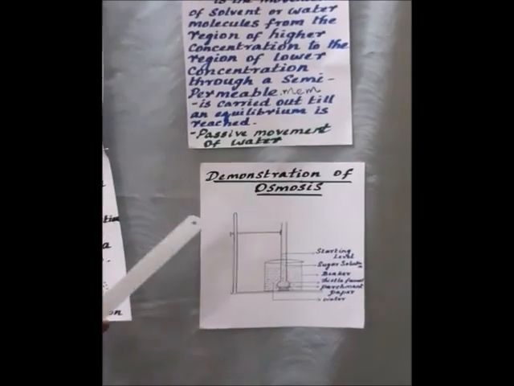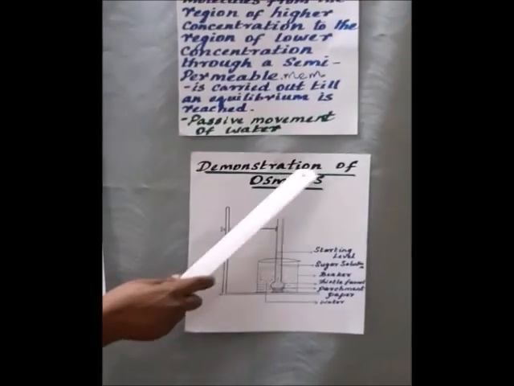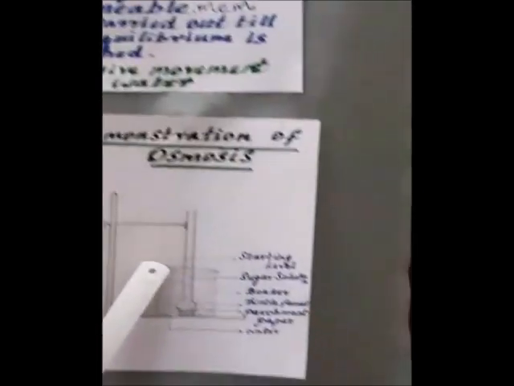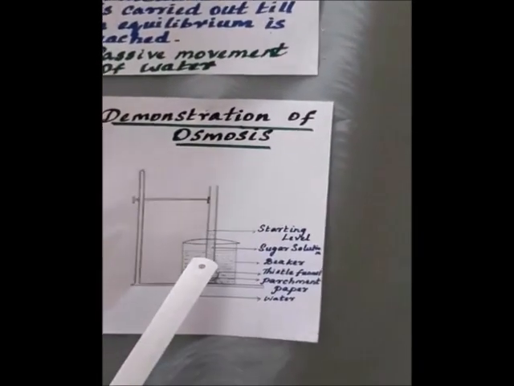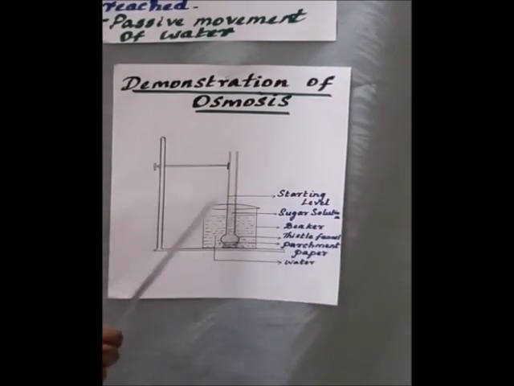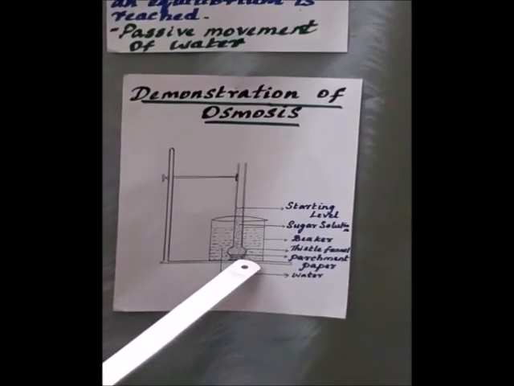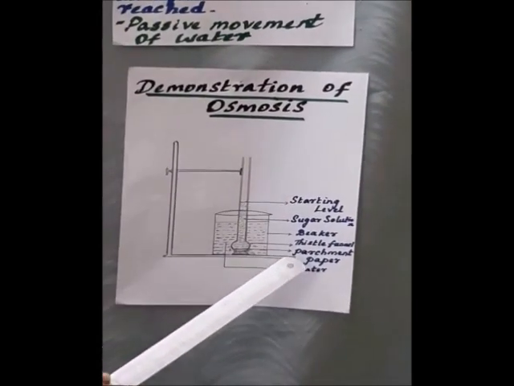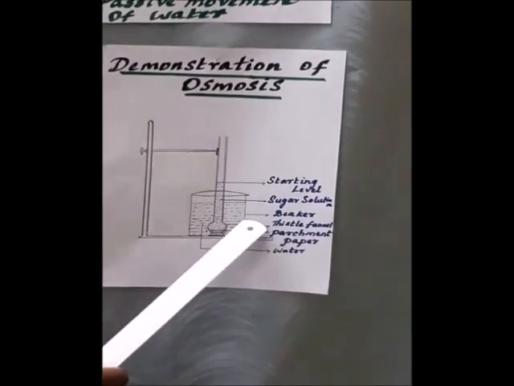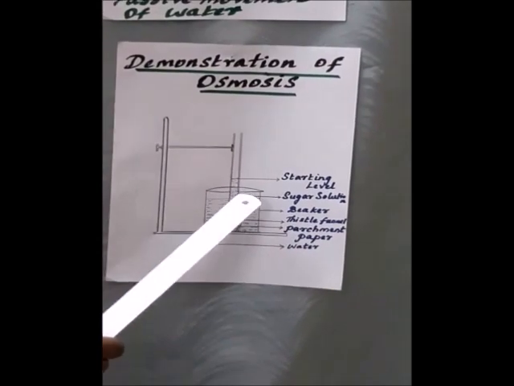To explain osmosis, we go for one demonstration. I take a beaker containing water, and inside it we keep a thistle funnel. We tie the mouth of the thistle funnel with a semi-permeable membrane, that is parchment paper, and fill the thistle funnel with sucrose solution.